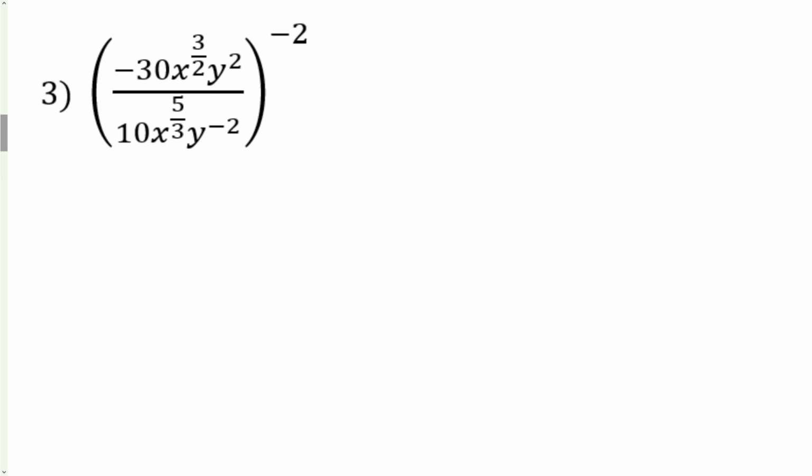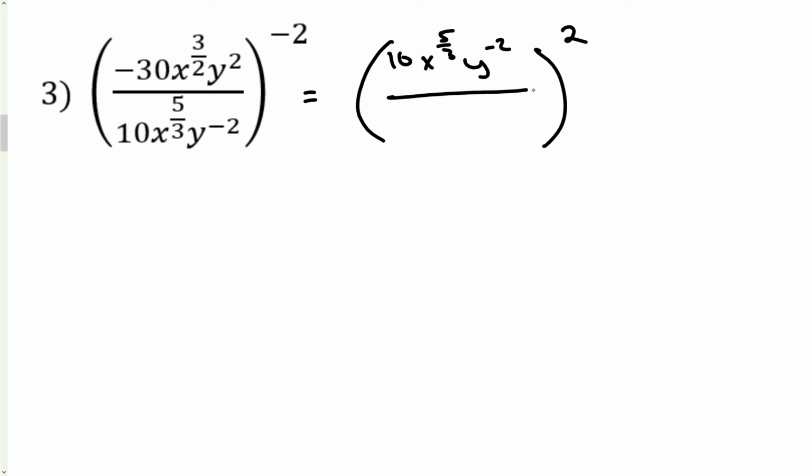When I first look at this problem, there's a couple things I don't like. I don't like this, and I don't like that there's more than one x and more than one y. Let's handle this negative exponent on the outside first. I can change that to a positive exponent by keeping everything exactly the same and just flipping the numerator and the denominator. So in the numerator now is going to be 10, x to the 5/3, y to the negative 2, over negative 30, x to the 3/2, y squared.